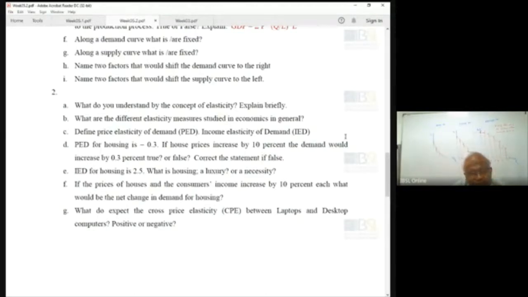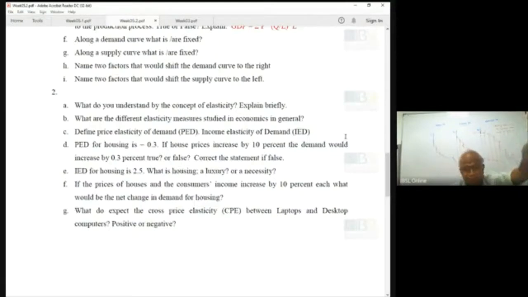For 1%, 0.3. For 10%, 3%. You multiply that by 10. 0.3 is defined, remember? We always define 0.3 for the price elasticity of demand for a 1% change. Price 1%, 0.3% change. This question asks if house price increases by 10%, then you have to multiply that 0.3 by 10, 3%.